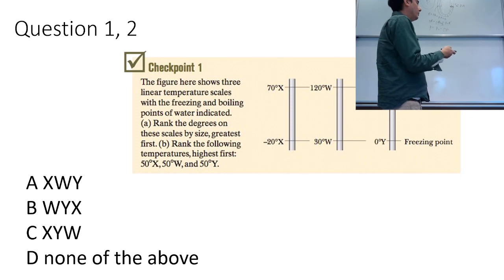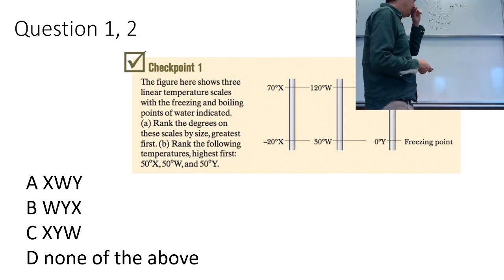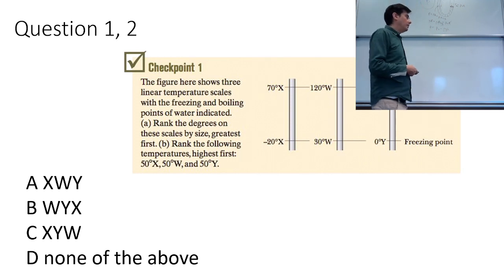Rank the following in temperature, highest first: 50 degrees X, 50 degrees W, 50 degrees Y. Which is the hottest on these scales? Right, X. And then?